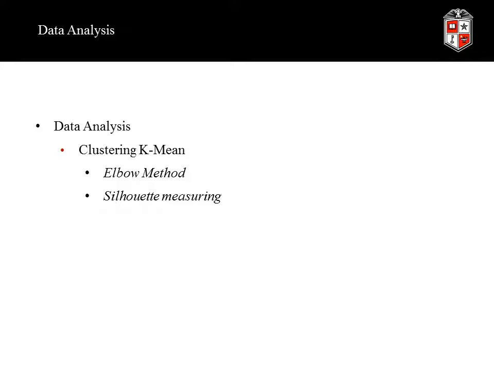Before performing the clustering, the K in K-means represents the number of clusters, so I need to find the optimal number of clusters that I want to find in this data set. I use the elbow method, which I will discuss in the next slide, to find this optimal number of clusters. After performing the clustering, I use silhouette measurements to find how well the clustering has performed.